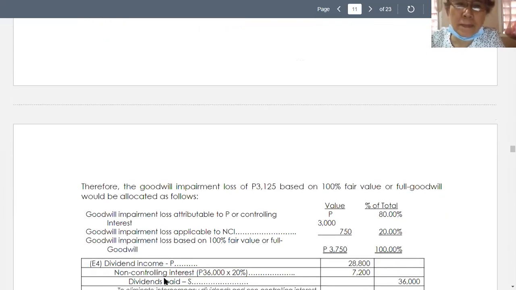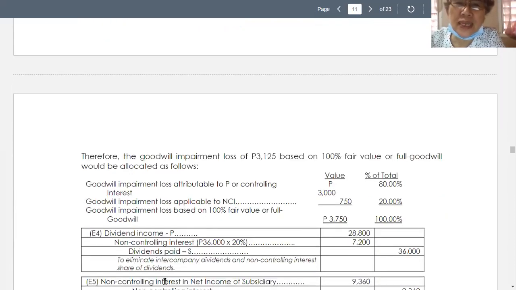Therefore, the goodwill impairment loss is 3,125. Actually, the loss is 3,750, not 3,125.